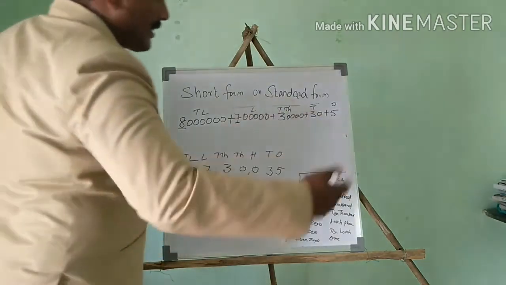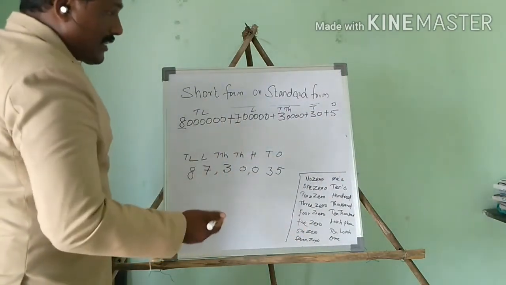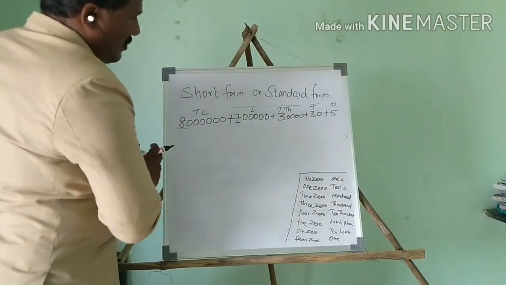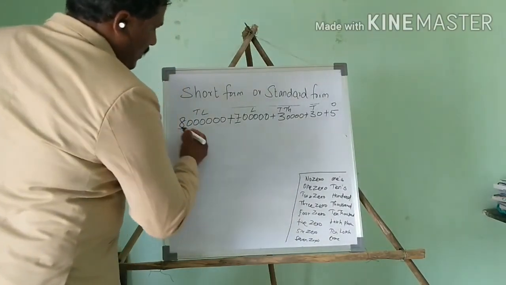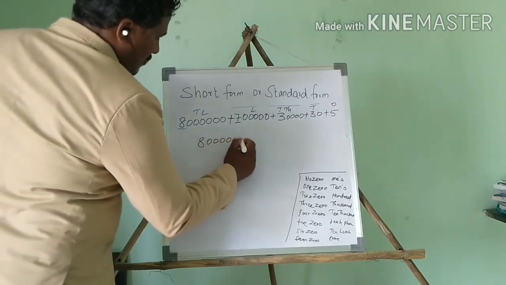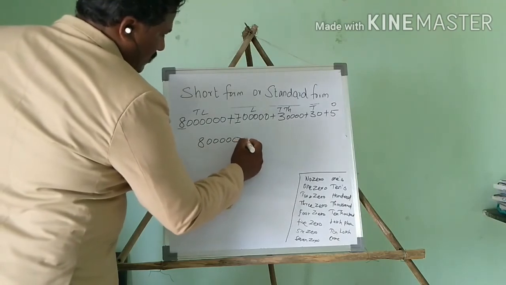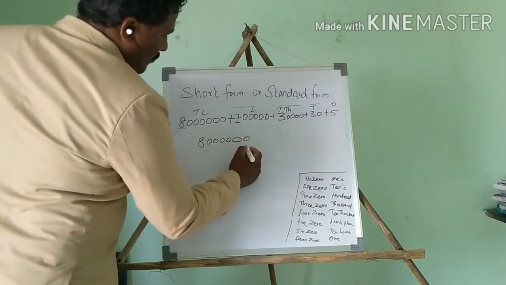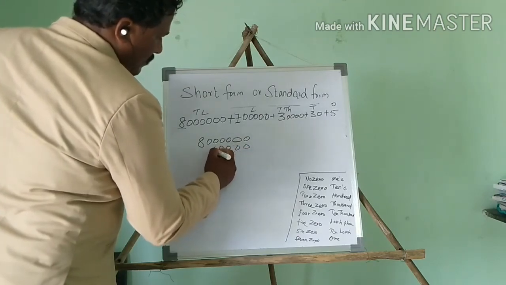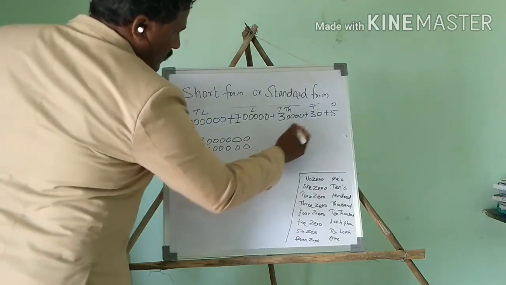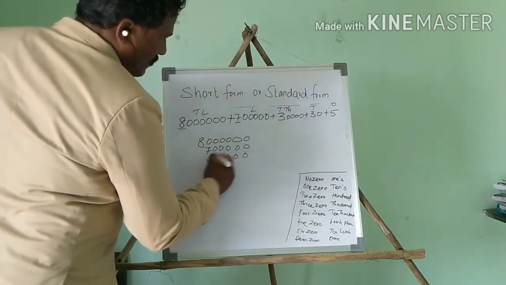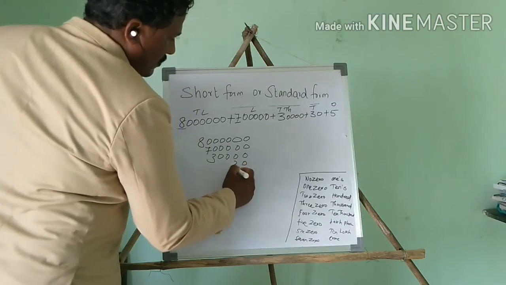I will tell you another method. This is the second method. Listen. First you write this number, 6, then this one, then 30, then 5.